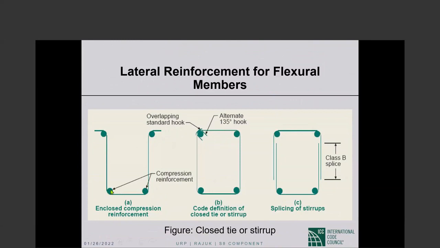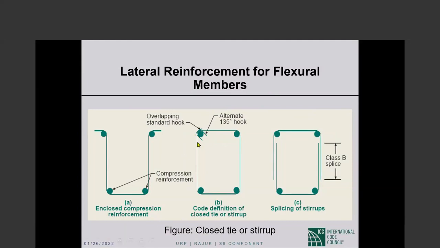Compression reinforcement is here. This kind of stirrup would enclose the compression reinforcement. If we want closed transverse reinforcement, this is a way of closing it with 135-degree hooks.